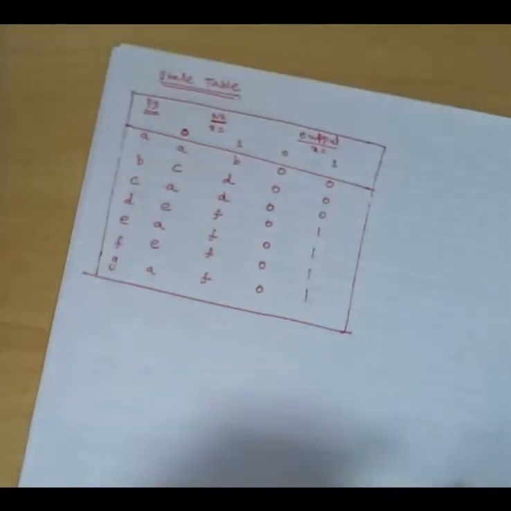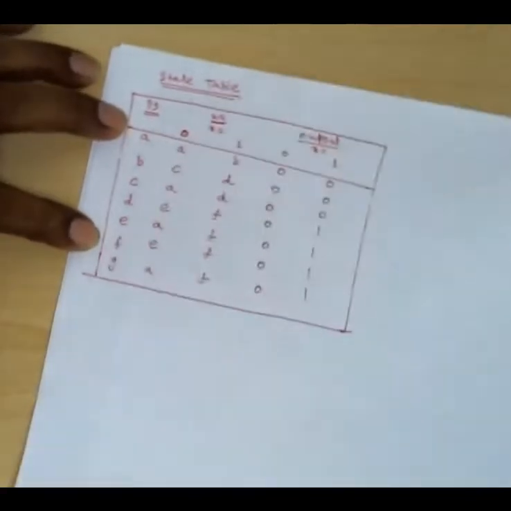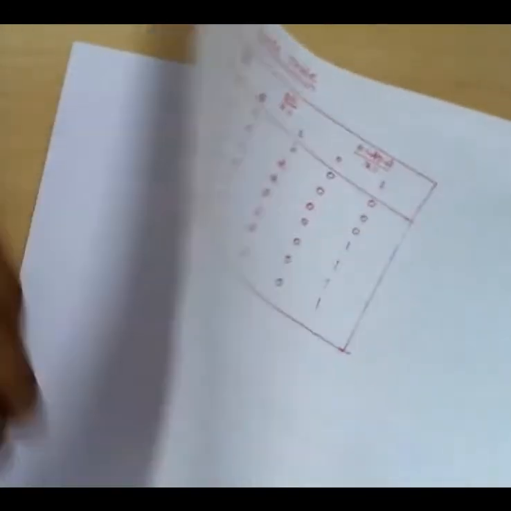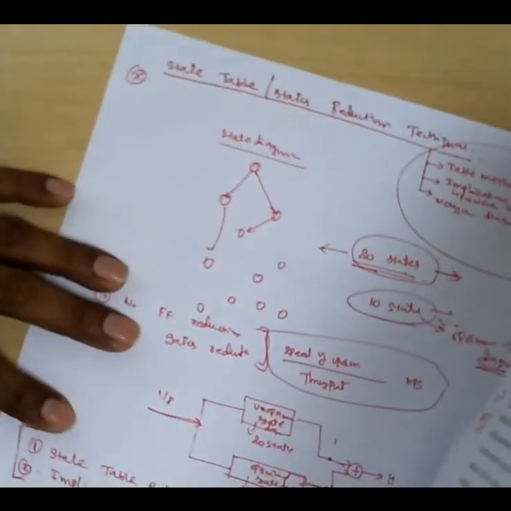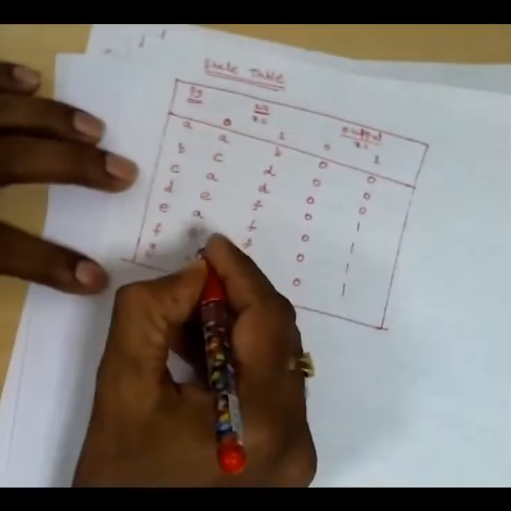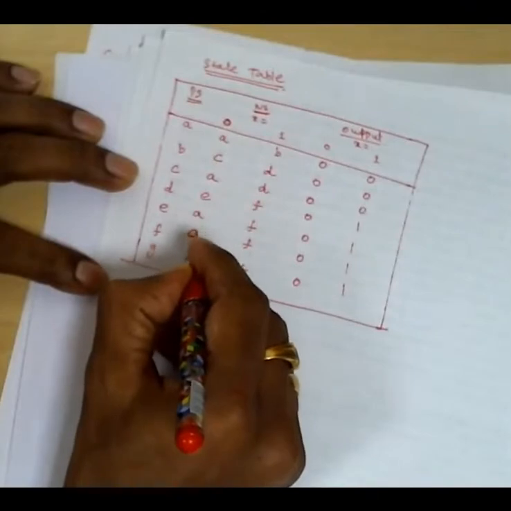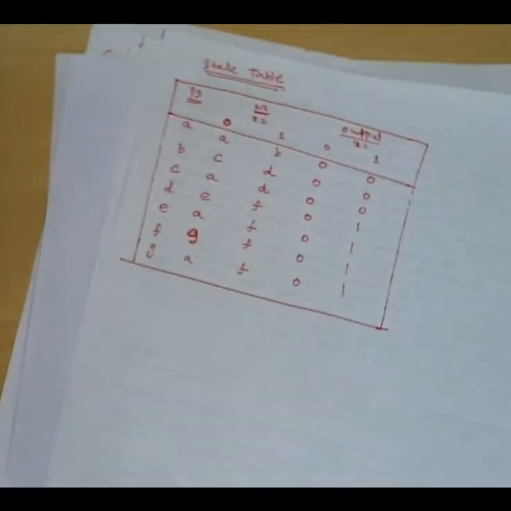Correct, you are correct. One second. F to F if F equals 0. F for input 1, sir. Right. F to G. Please check this one with your state table. Sir, and also the output is 0, sir.